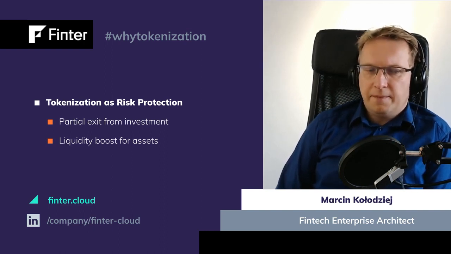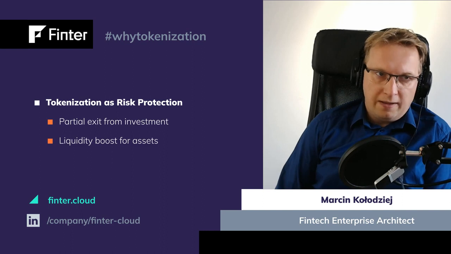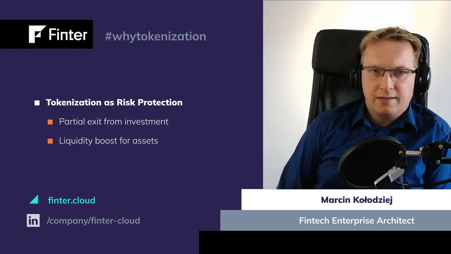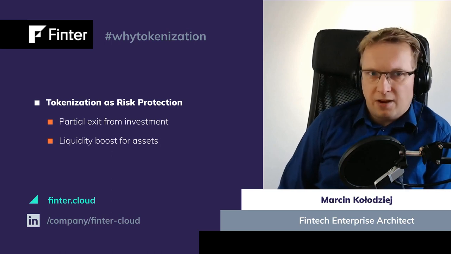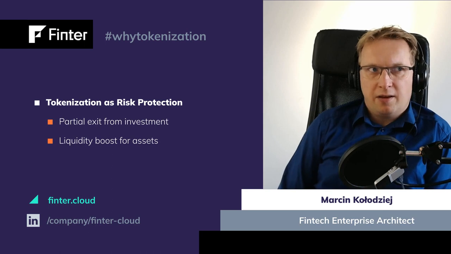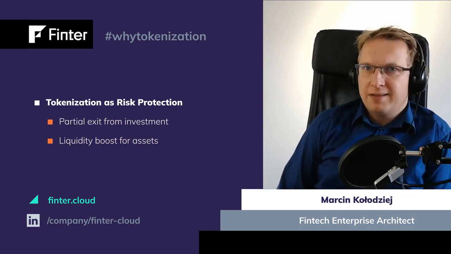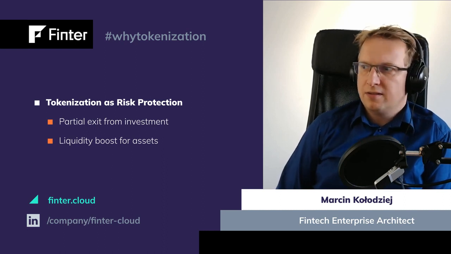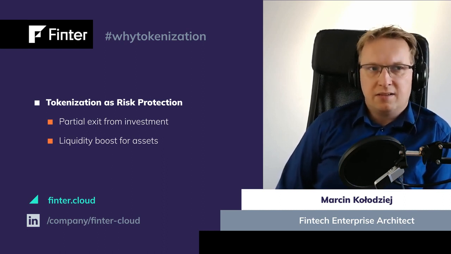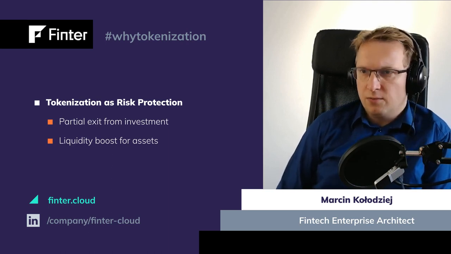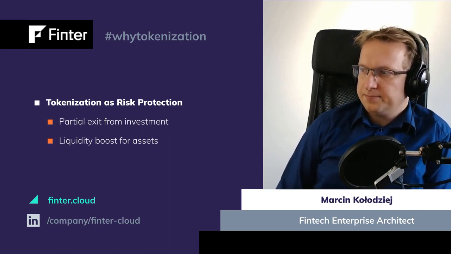It might be a good solution to indeed tokenize it and sell the percentage I want. For example, 30% of my stake in a startup, I would tokenize it and sell it in exchange for dollars or bitcoins, and reinvest in something else. So de-risking, that's the word which came to my mind.